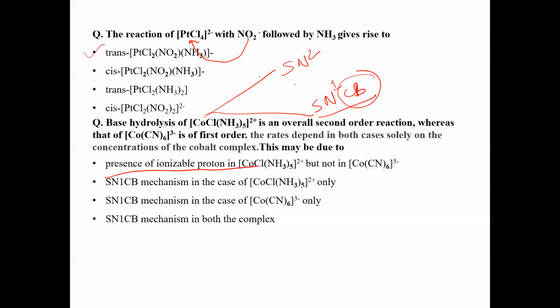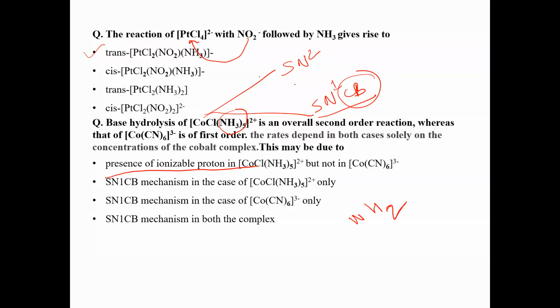That is why the SN1 CB mechanism takes place. This observation can be easily explained by the SN1 CB mechanism. So this ammonia will first convert to NH2, because the base will abstract the proton.